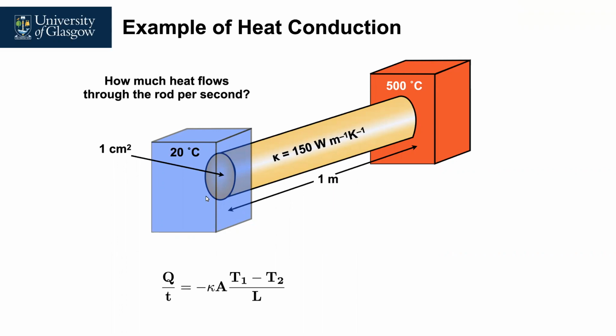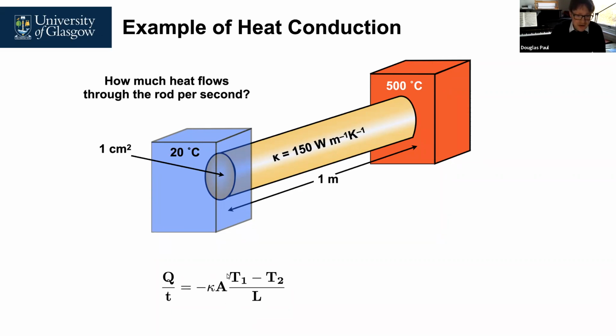Right, let me go through it. Okay, somebody on the chat has got the correct answer at 7.2 watts. So let me show you, and I've deliberately done this, and maybe perhaps a little bit obnoxious, but it's a real problem when you work in energy, because when you go and look at textbooks or you look at problems, you've got many different units here. So the first thing to note is I've given you 1 square centimeter, and to be able to do this with 1 meter length, to have area and length, they have to be in the same units.